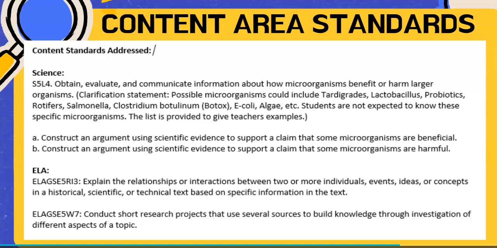This includes constructing an argument using specific evidence to support a claim that some microorganisms are beneficial, and that some microorganisms are harmful. For ELA, we chose to use a standard that states explain the relationships or interactions between two or more individuals, events, ideas, or concepts in a historical, scientific, or technical text based on specific information in the text.